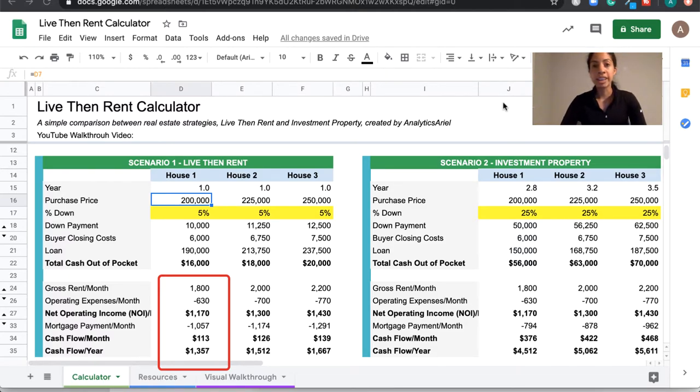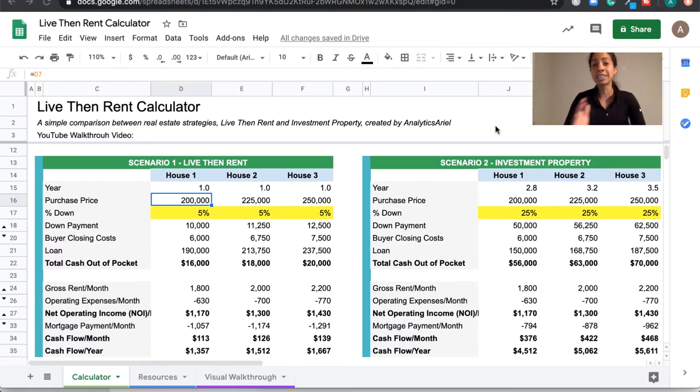And if you look at that at a yearly rate, it's going to be about $1,300. So this is how we're going to estimate how well our property is performing. We want to make sure everything's cash flowing, that we're not in the negative zone, because that wouldn't be good. And this calculation is done for the 3 homes. And the beauty of this is that you're only inputting the values where things are highlighted.